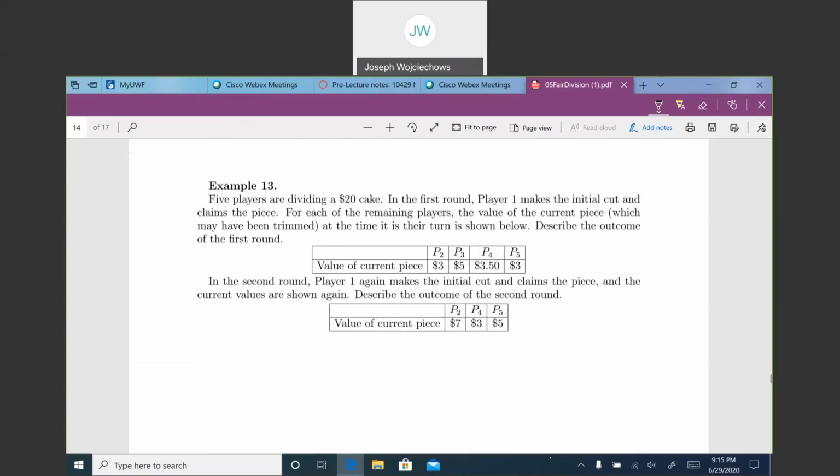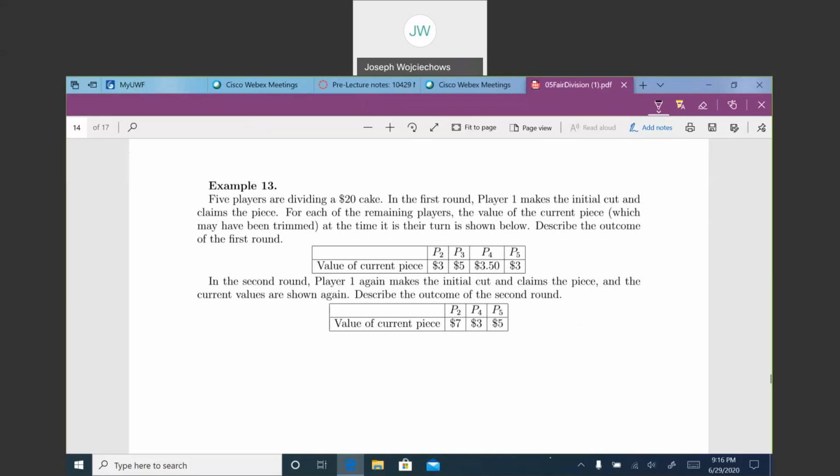Okay, we have 5 players dividing a $20 cake. In the first round, player 1 makes the initial cut and claims the piece. For each of the remaining players, the value of the current piece, which may have been trimmed by the time it is their turn, is shown below. Describe the first round. Okay, so player 1 cuts it. Player 2 thinks it's only worth $3.